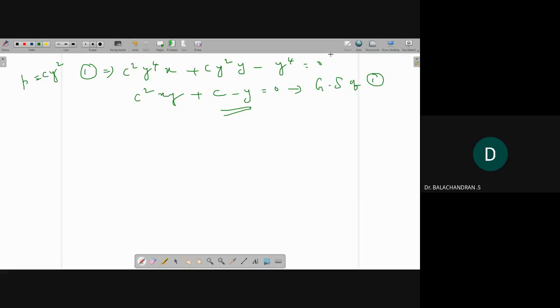Try this problem. This is the second problem.